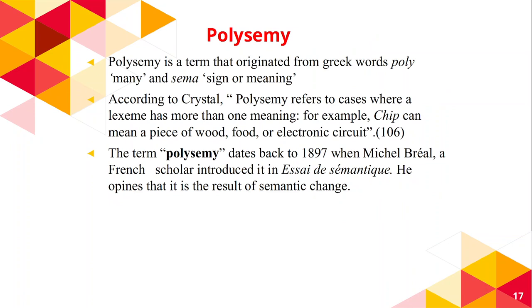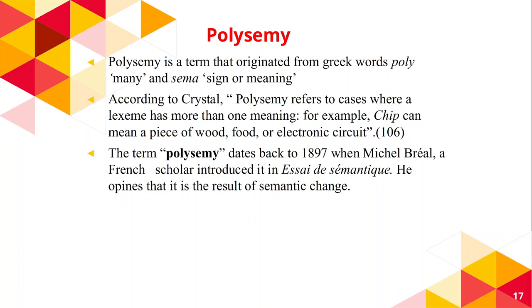Now, we come to another relationship which is polysemy. This word has originated again from the classical language Greek, where poly stands for many and sem means sign or meaning.